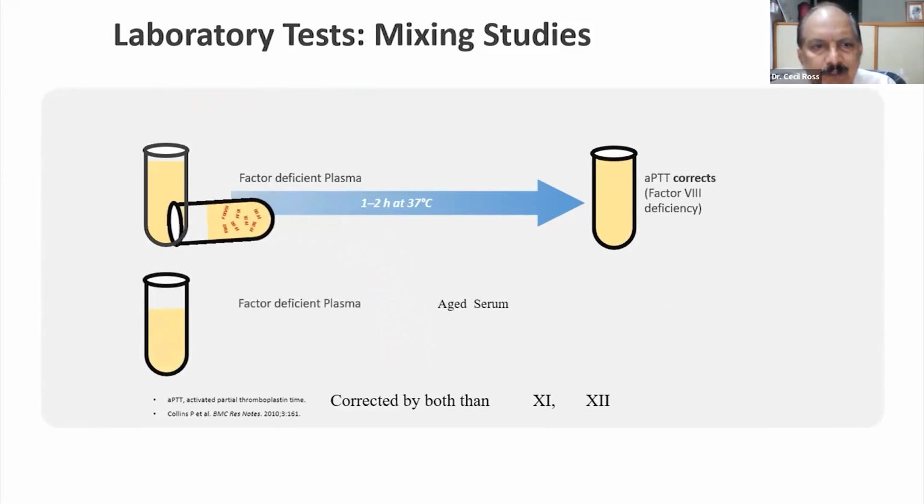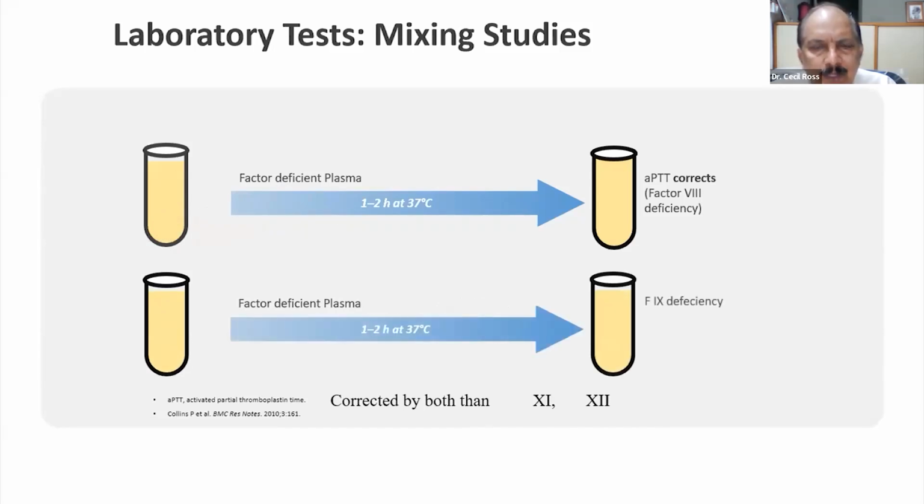Similarly, if you take factor deficient plasma and you add aged serum and it corrects, that means it's factor 9 deficient, because aged serum is a source of factor 9. If it gets corrected by both, then it becomes factor 11 or factor 12. And depending on whether the person is bleeding, if he's bleeding, it is factor 11 deficiency. If he is not bleeding, it is factor 12 deficiency.